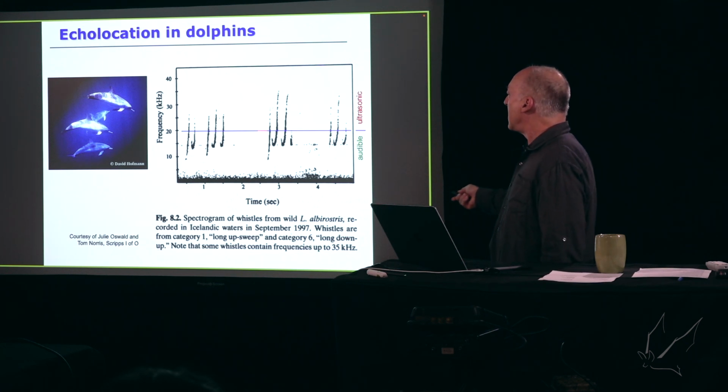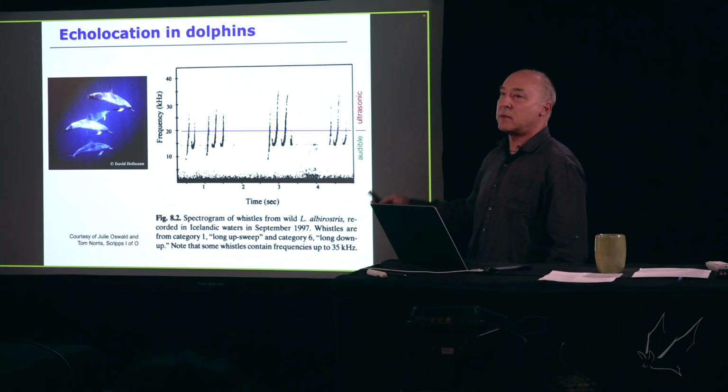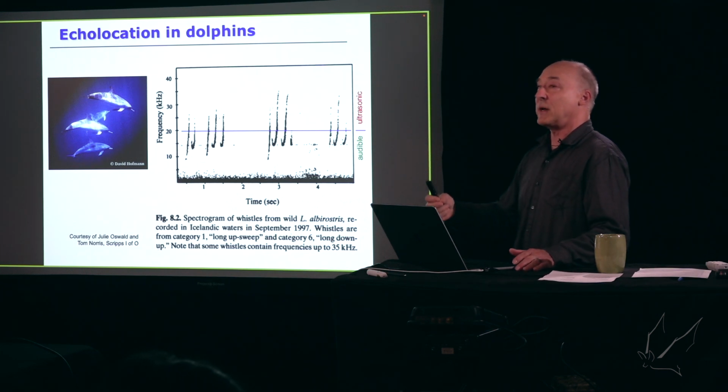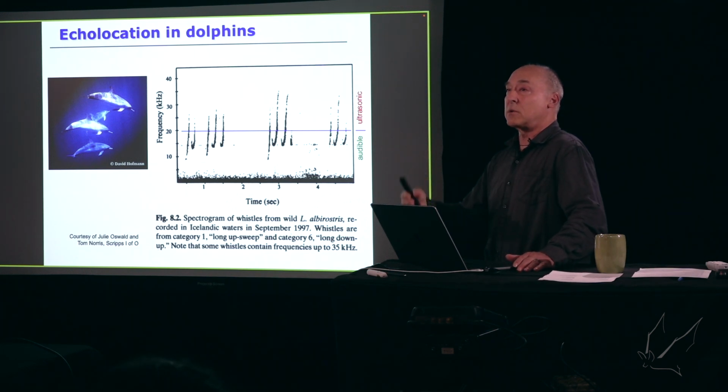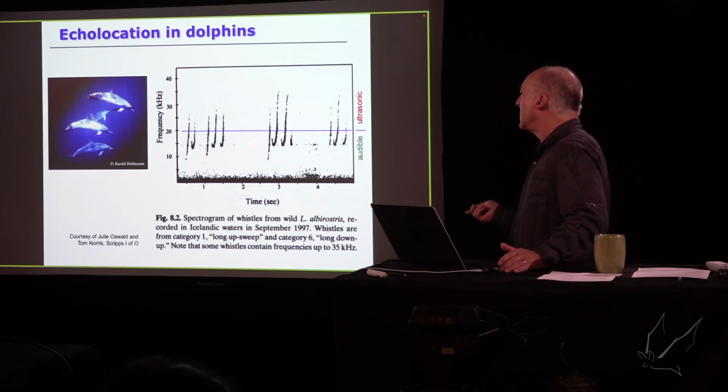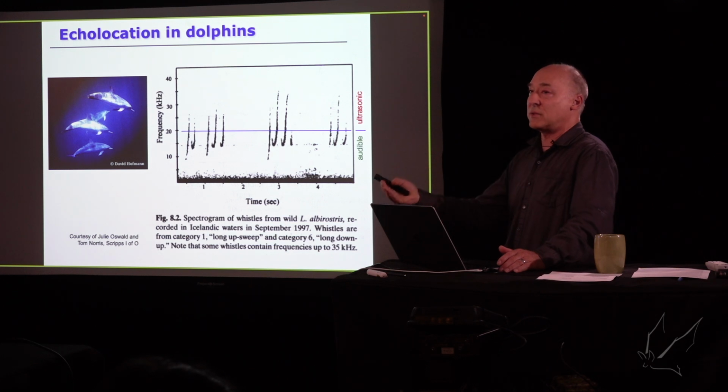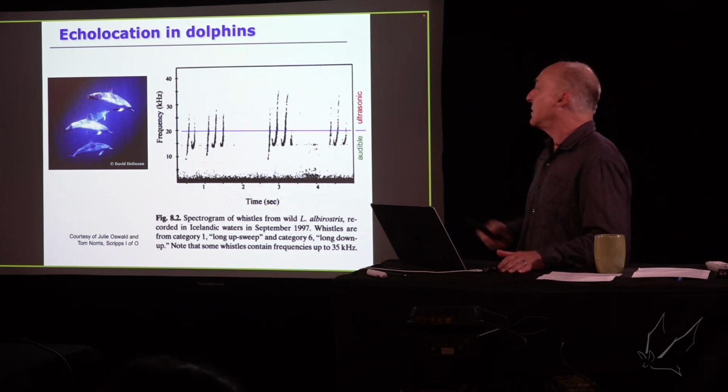And I've drawn a blue line here at 20 kilohertz, where by convention we define what's above or below human perception of sound. So above the 20 kilohertz sound, we generally refer to that as ultrasound, which is beyond the range of what humans can do. And of course, we know that other animals can hear a much greater range, and they wouldn't otherwise be making these sounds to be able to get echoes from them if they couldn't hear them.